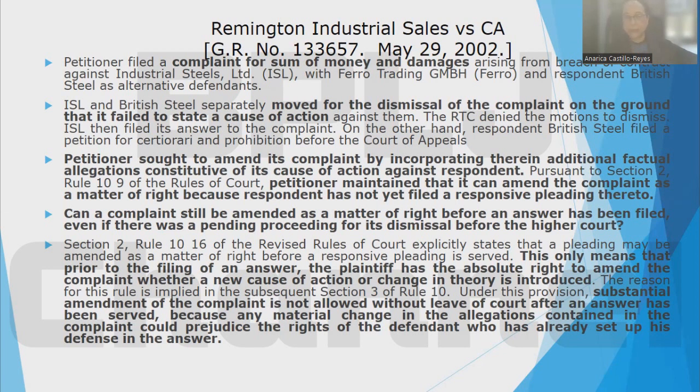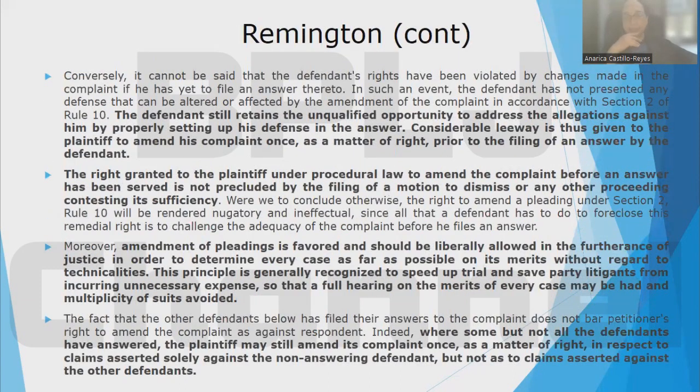The Supreme Court said this only means that prior to the filing of the answer, the plaintiff has the absolute right to amend the complaint whether a new cause of action or change of theory is introduced. Substantial amendment is not allowed without leave of court after an answer has been served because any material change in the allegations could prejudice the right of the defendant who has already set up his defense in the answer.